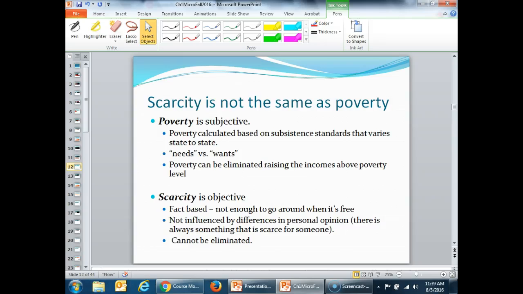Scarcity, on the other hand, as we have defined it, is definitely objective. Scarcity happens. It's fact-based. It's not influenced by differences in personal opinion or income, and it can't be eliminated. There's scarcity. There's not as many goods and services available freely as we would like.